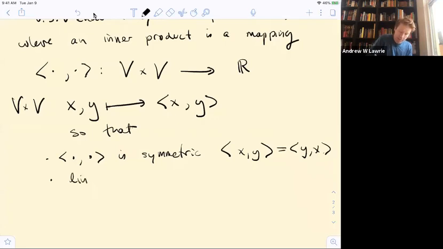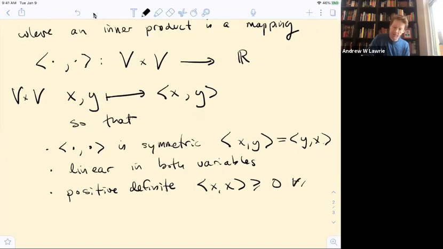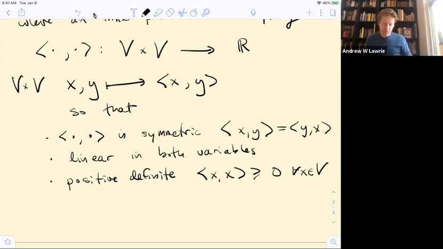It's linear in both variables, and positive definite. So the inner product of x with itself is bigger than or equal to 0 for every x in V. A mapping with these three properties is a real inner product over a real vector space.